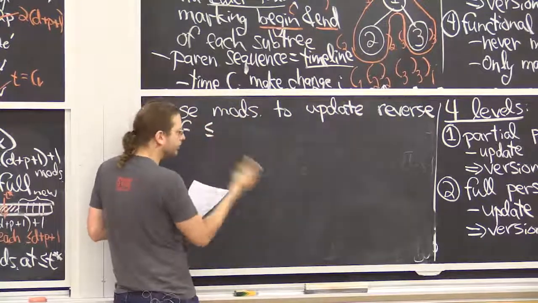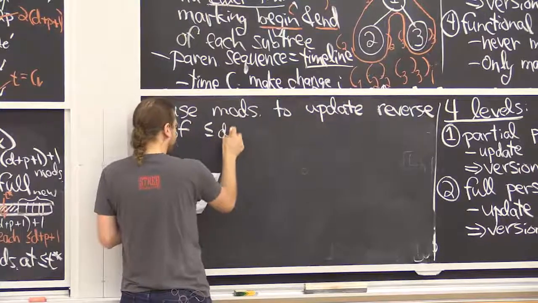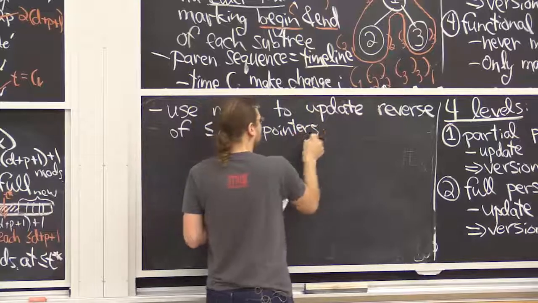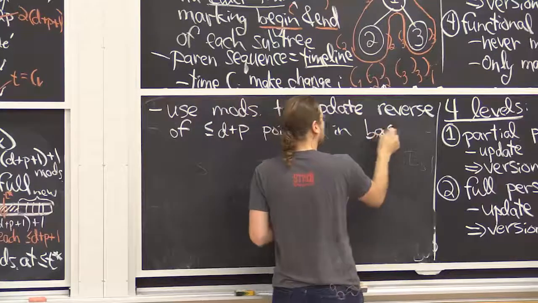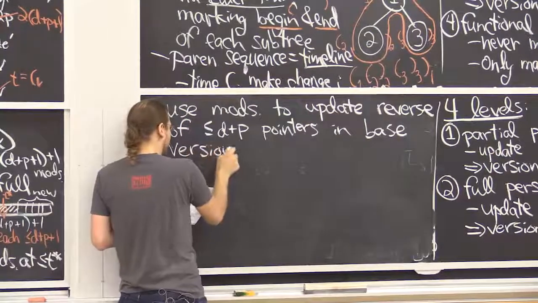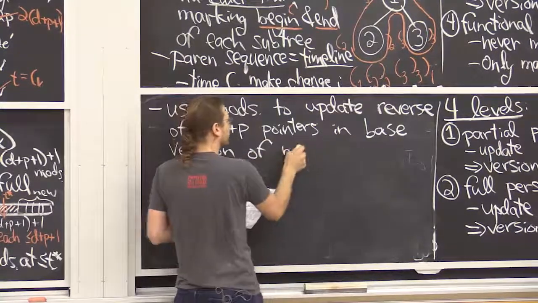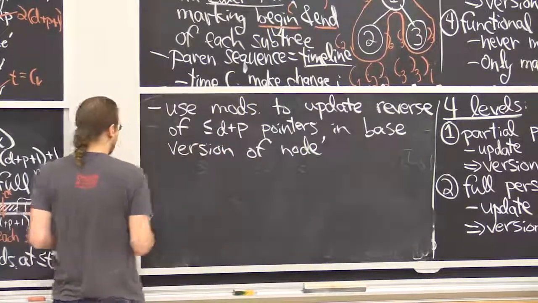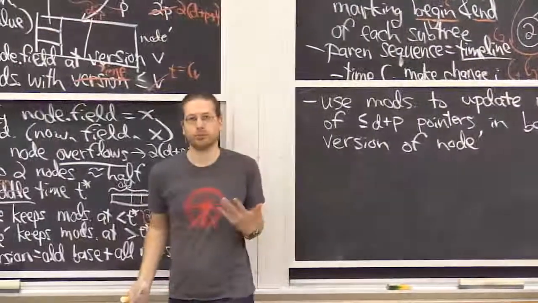The reverse of a forward pointer is a backward pointer, and vice versa. So type 1 of pointer: every pointer has a reverse pointer.